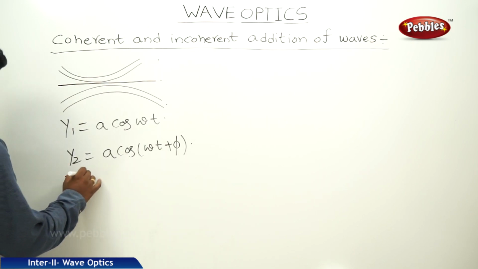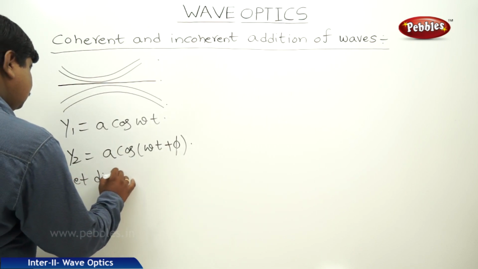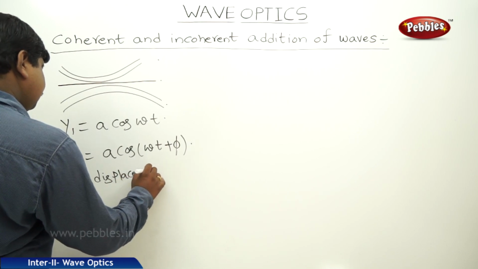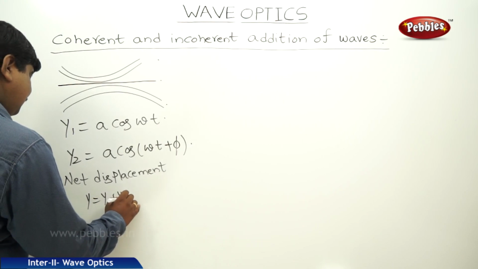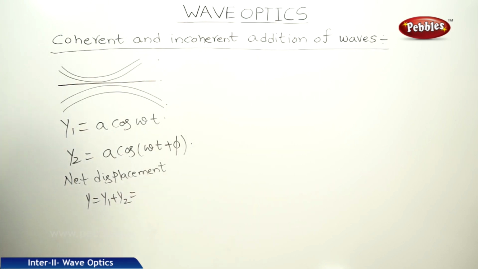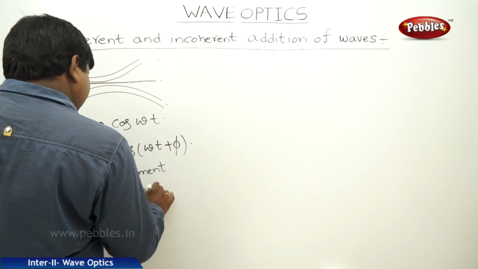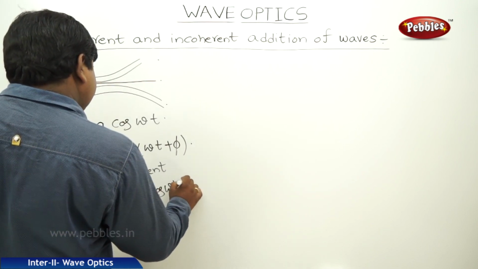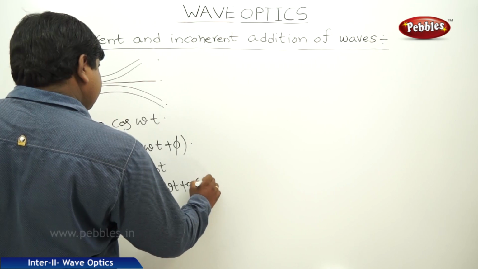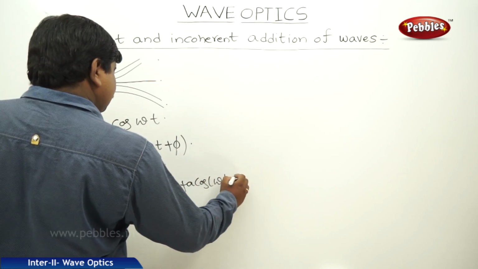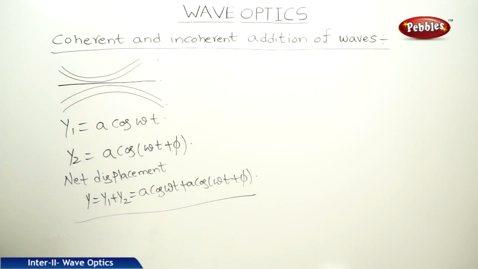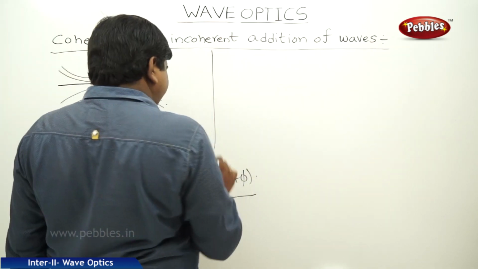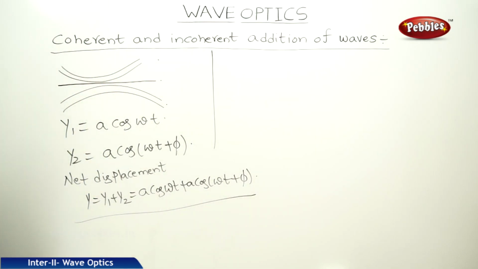Net displacement y is equal to y1 plus y2. So y1 is a cos omega t, plus y2 is a cos (omega t plus phi). If you apply the trigonometric rules, y equals 2a cos (phi by 2) into cos (omega t plus phi by 2).